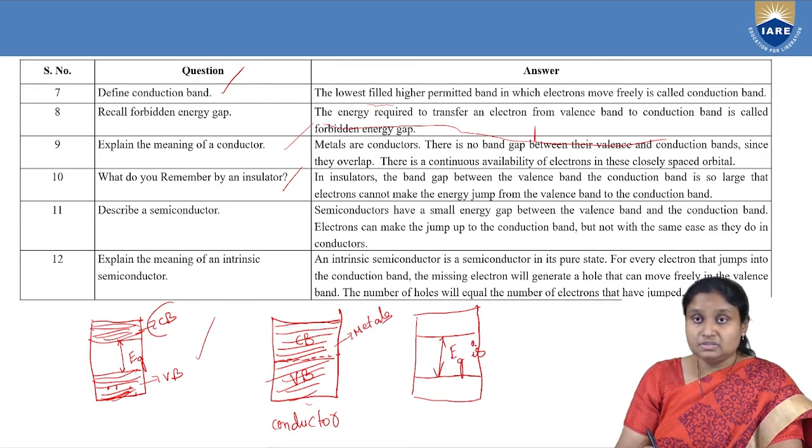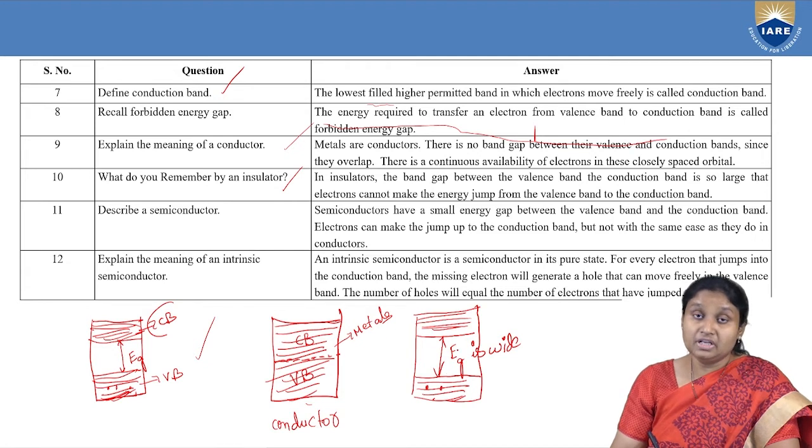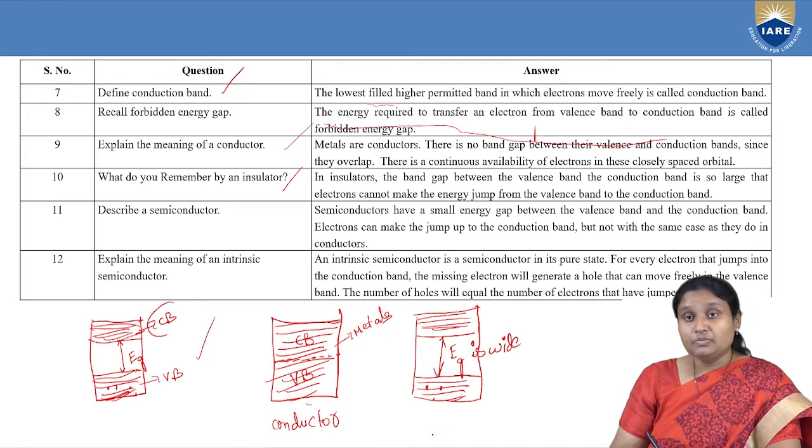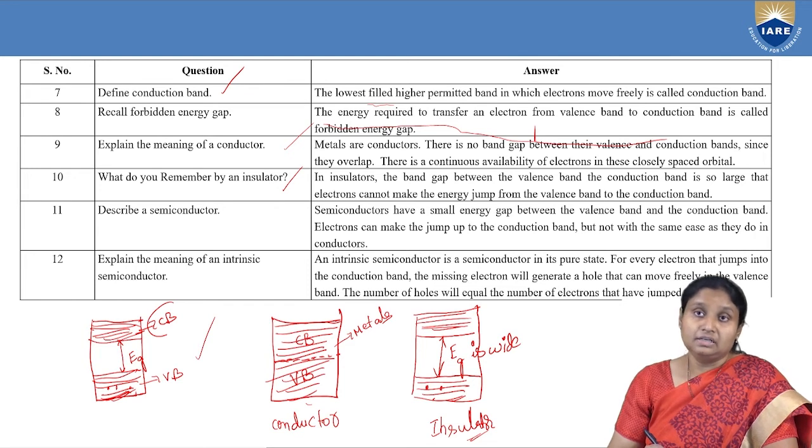What do we mean by Eg being wide? It means that the width of the forbidden energy gap is very wide. So in order to make a valence electron a free electron, we need to supply a very large amount of energy. But once we apply a large amount of energy, what happens to the material? The material will get destroyed.